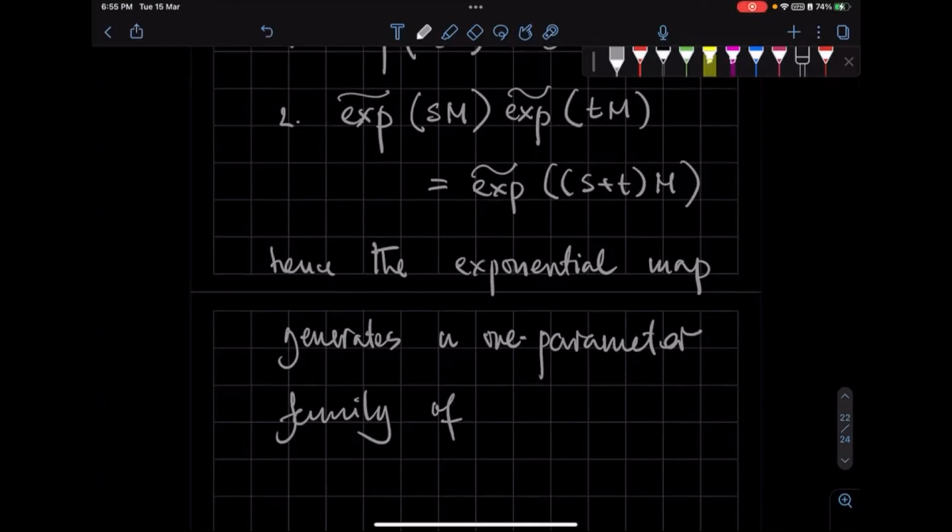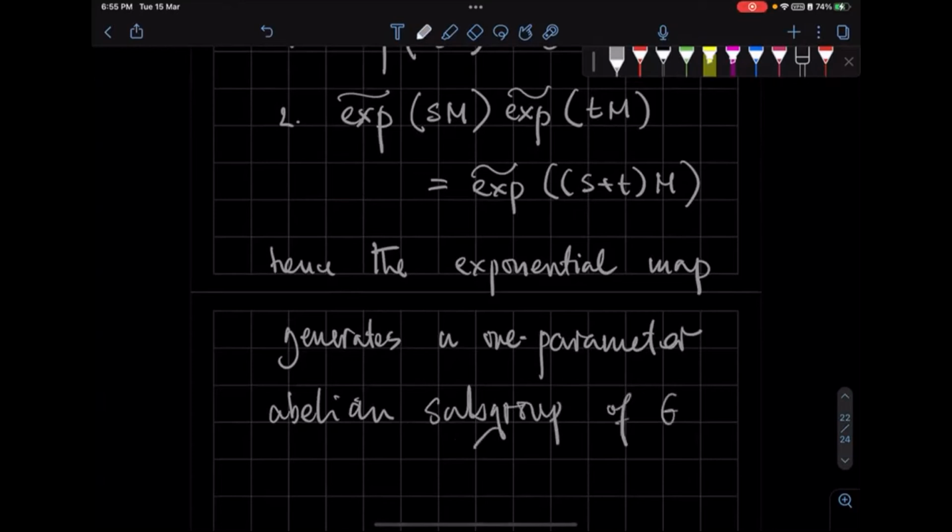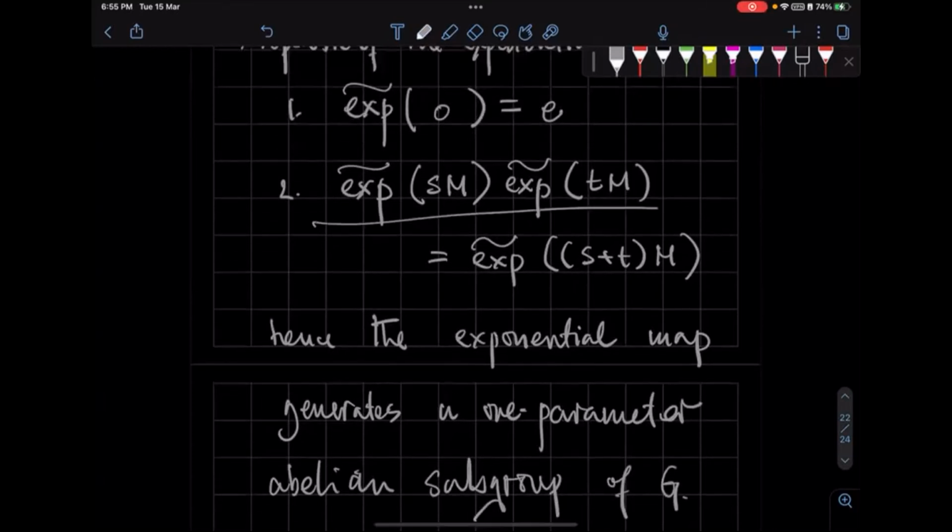Not family, a one parameter Abelian subgroup of G. Okay, because we are adding the parameters and addition of these parameters is commutative, this composition law, along with the identity, gives me an abelian subgroup.